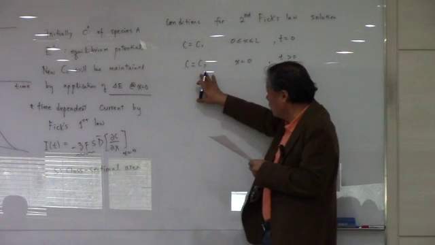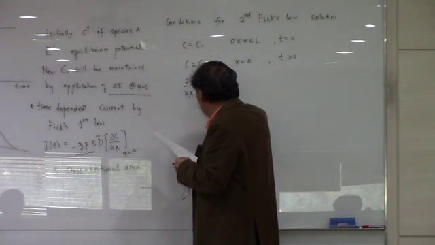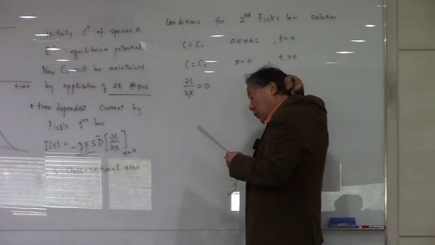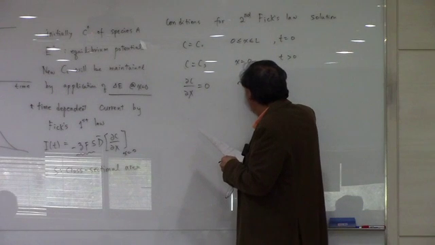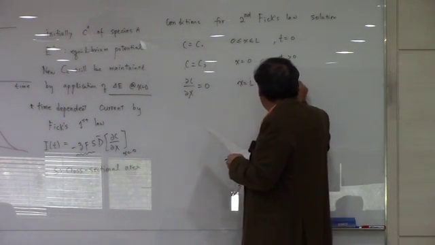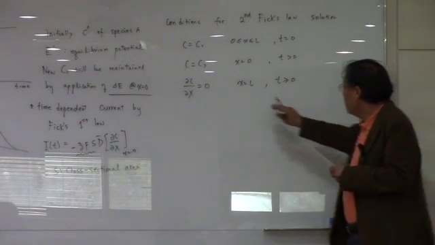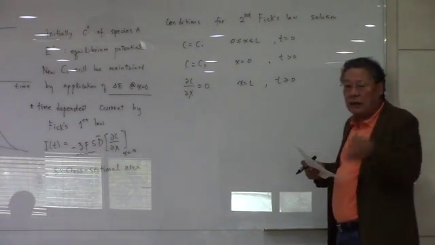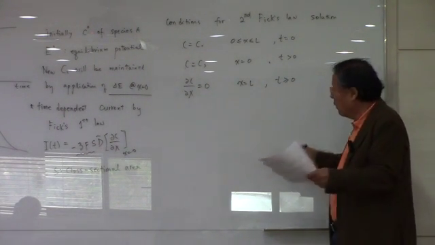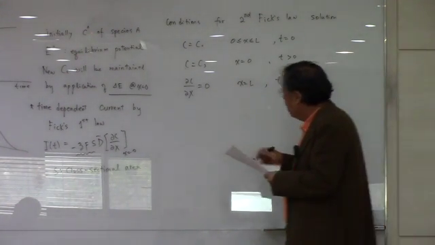We could fix the surface concentration like this, and then the flux according to Fick's first law is going to be 0 at x equal to L for time greater than 0. This means at the far end, an infinitely long length is going to be assumed.